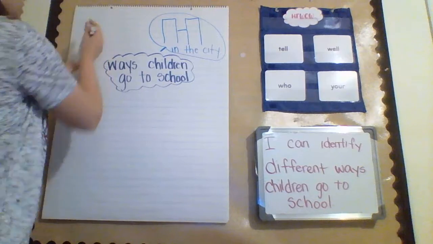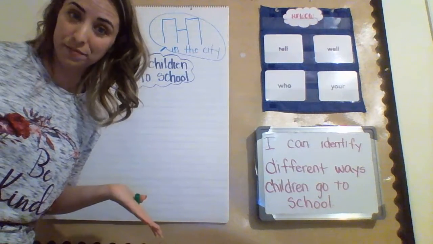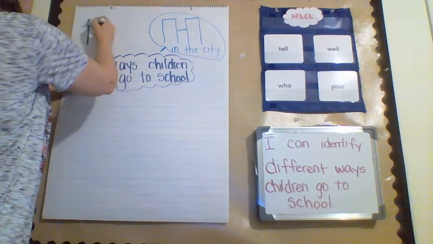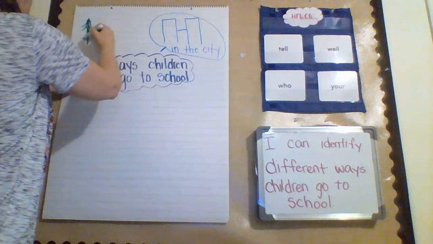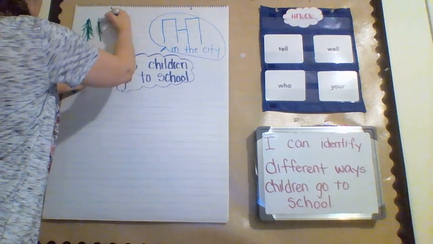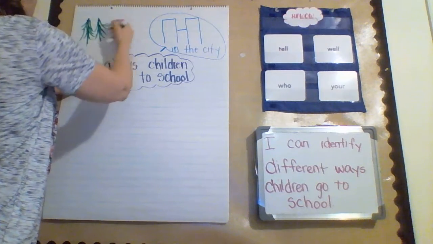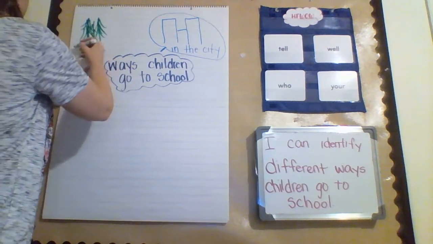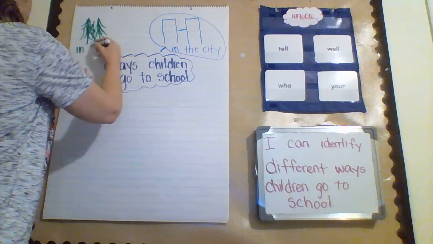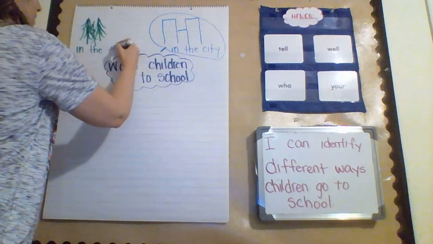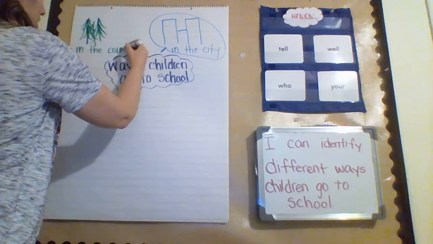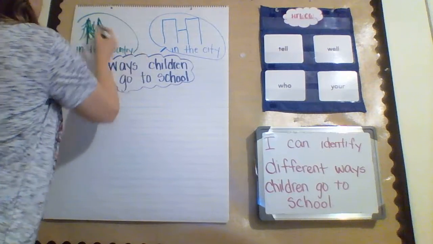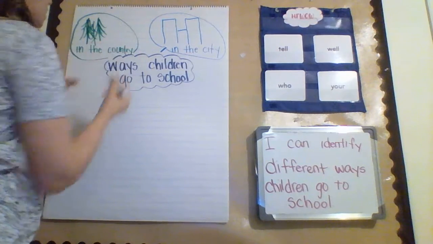In the country. You see me? Okay. So, what did we see a lot of in the country? We saw a lot of trees. So, Miss Sweetie's going to draw her ish trees. Okay? So, I'm going to write in the country. In the country. Okay? Add to our thinking map. All right.